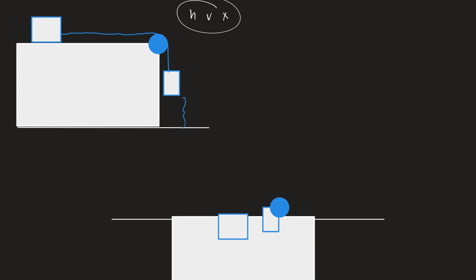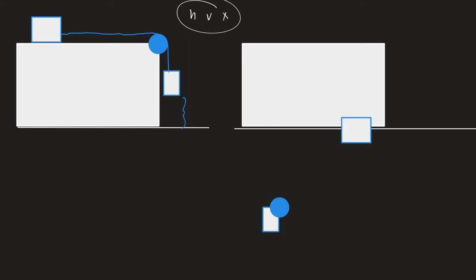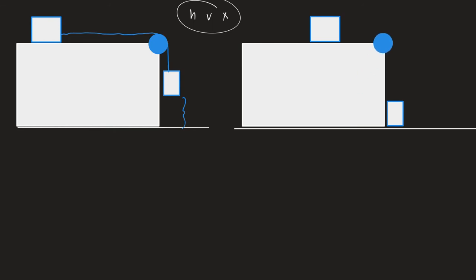I see another state of this question. The state where the box on the table has been moved to the right while the box that is hanging has fallen to the ground. This state, the box now has velocity as the box that was above the ground has fallen to the ground.